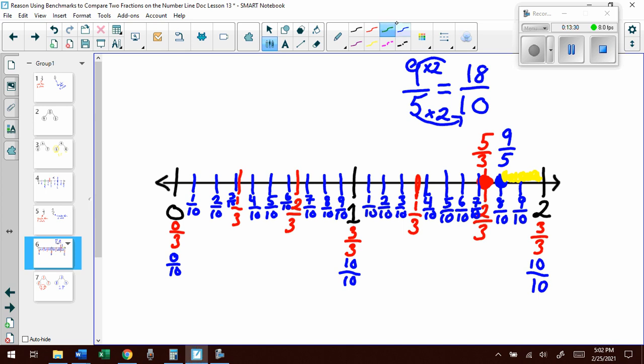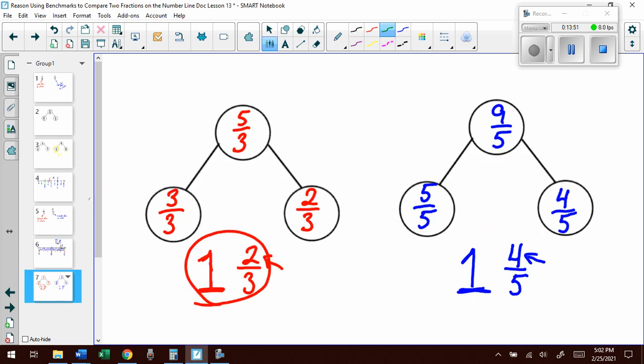But looking at 1 third, that is quite a bit further away from 1 whole than 1 fifth is. So the size of the pieces, no matter if we had discussed that they are 1 away from being 1 whole, the size of the piece was what made all the difference.